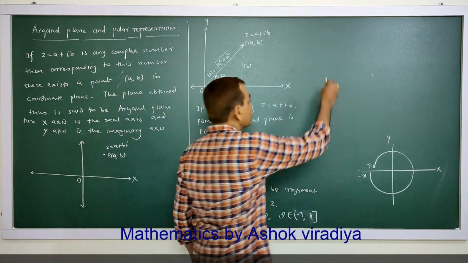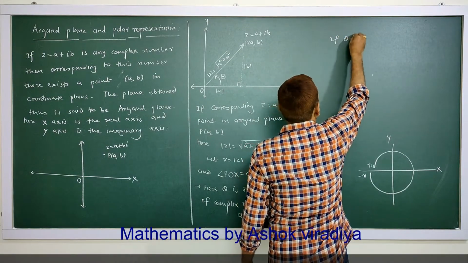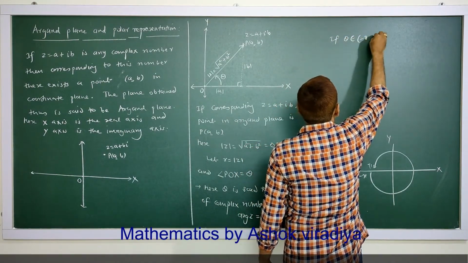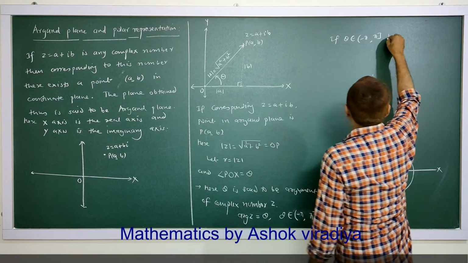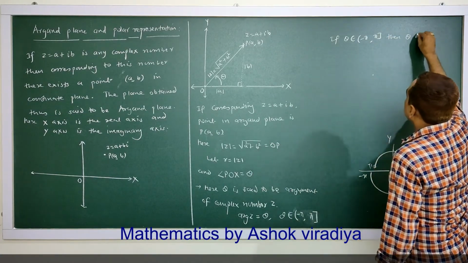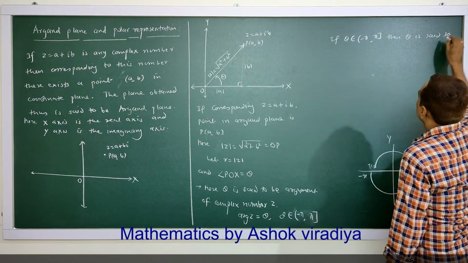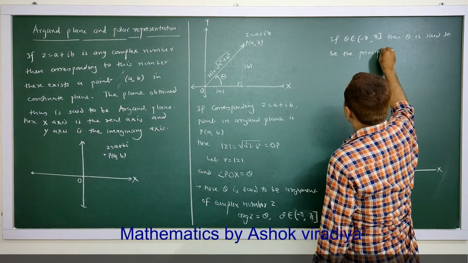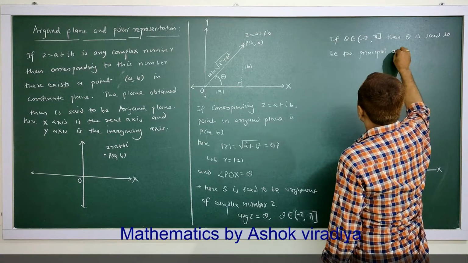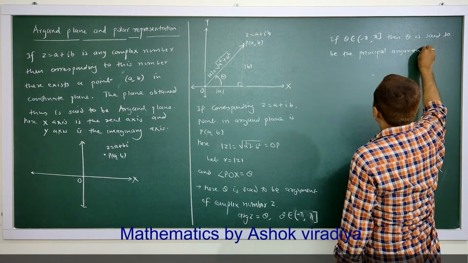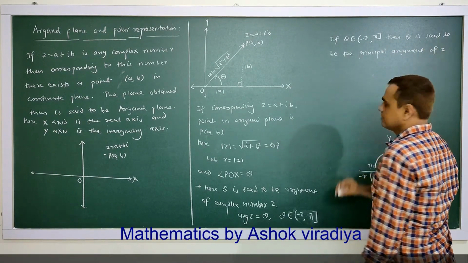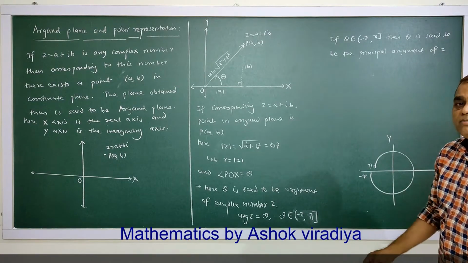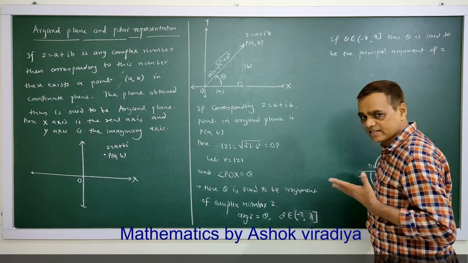So if theta belongs to (minus pi, pi], then theta is said to be the principal argument of z.